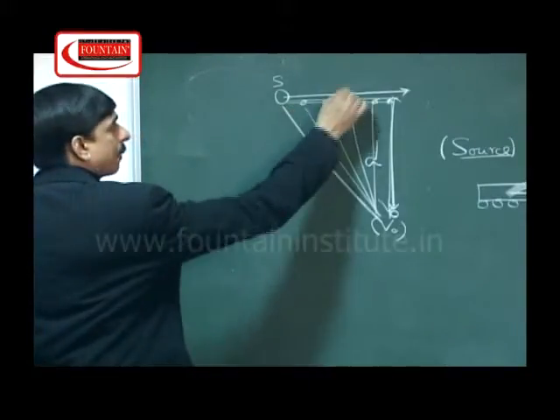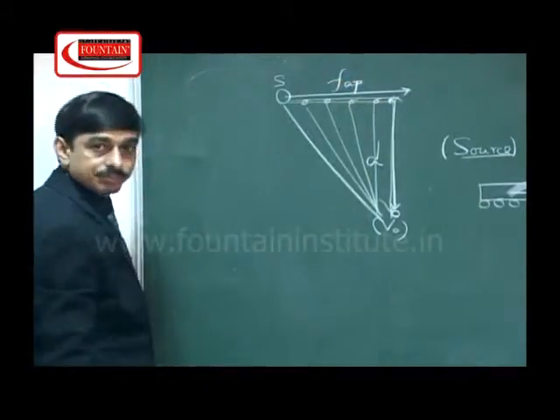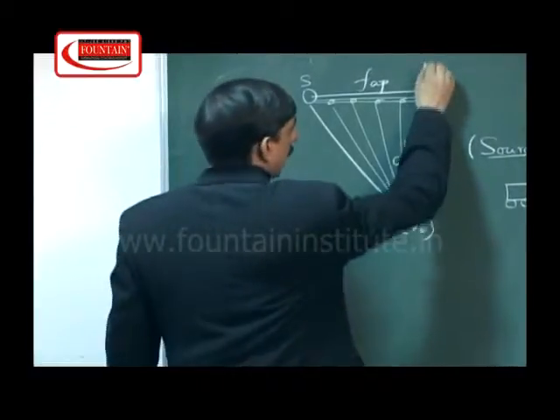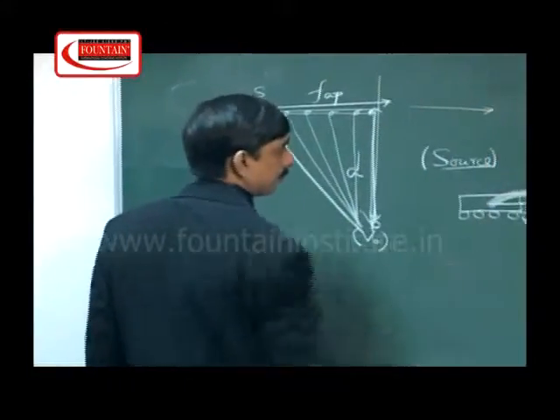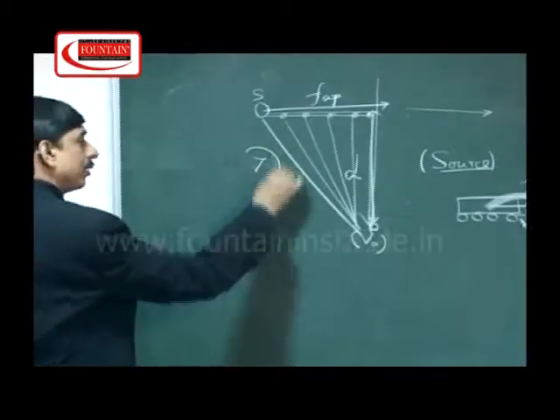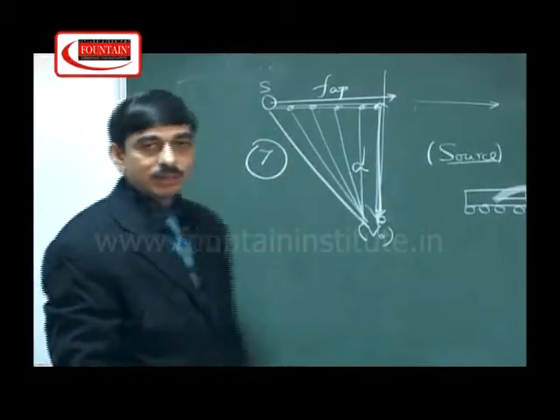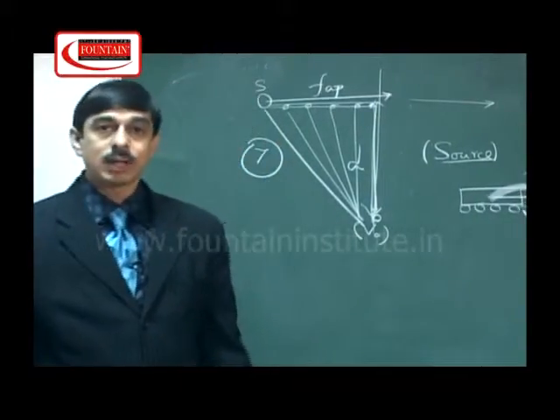What will be the apparent approaching frequency and what will be the apparent receding frequency? So this is case 7, and I am finding its application as well as equations.